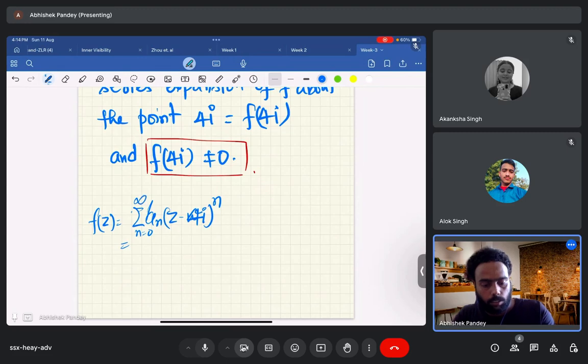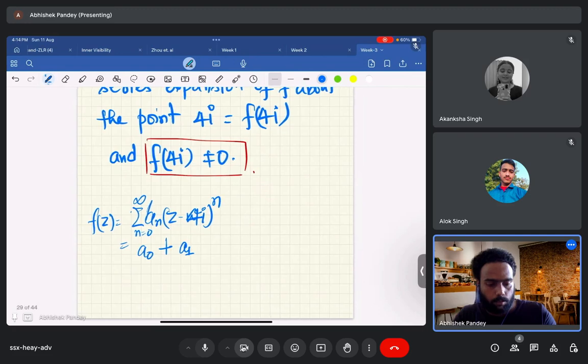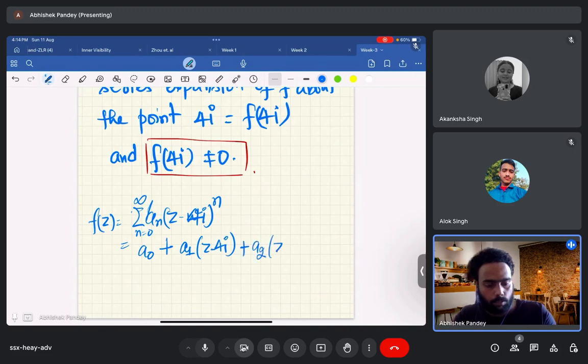So this is your a naught plus a1 into z minus 4i, plus a2 into z minus 4i squared.